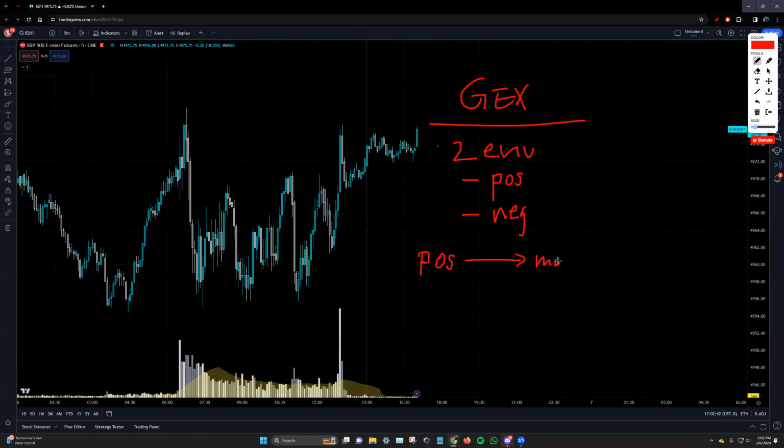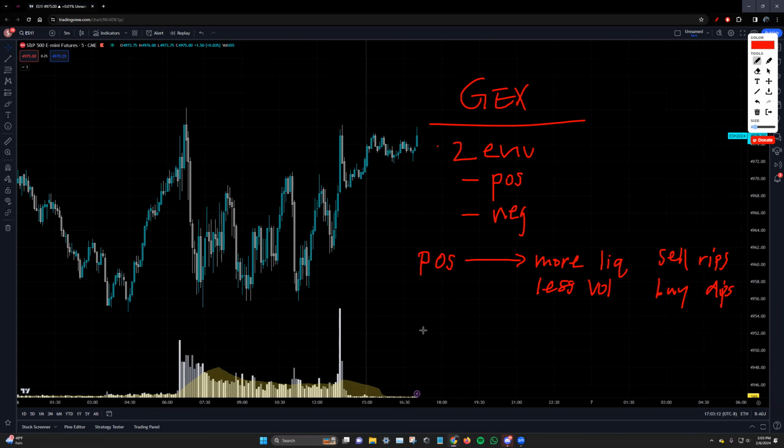More liquidity, less volatility. Make sure you're writing this down. This is something you should know by now: sell rips and buy dips. Something that should always be known is the environment that you're in.